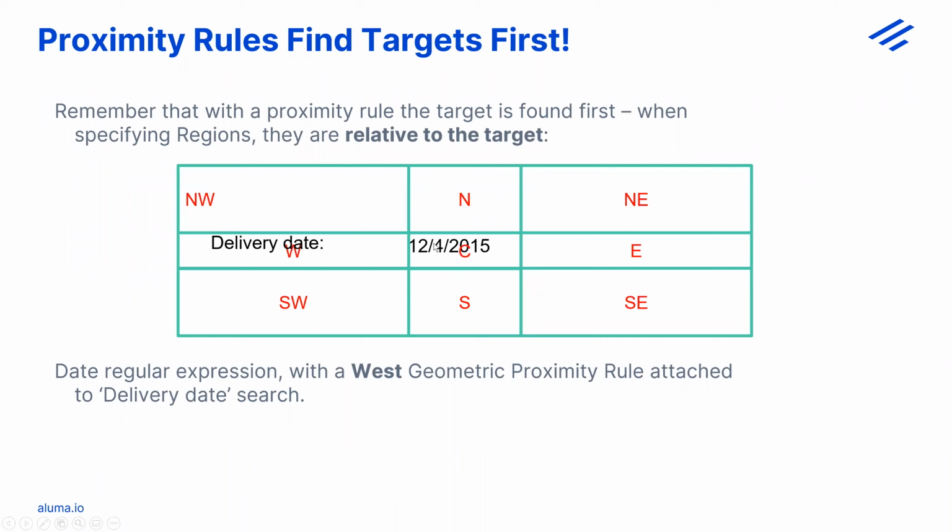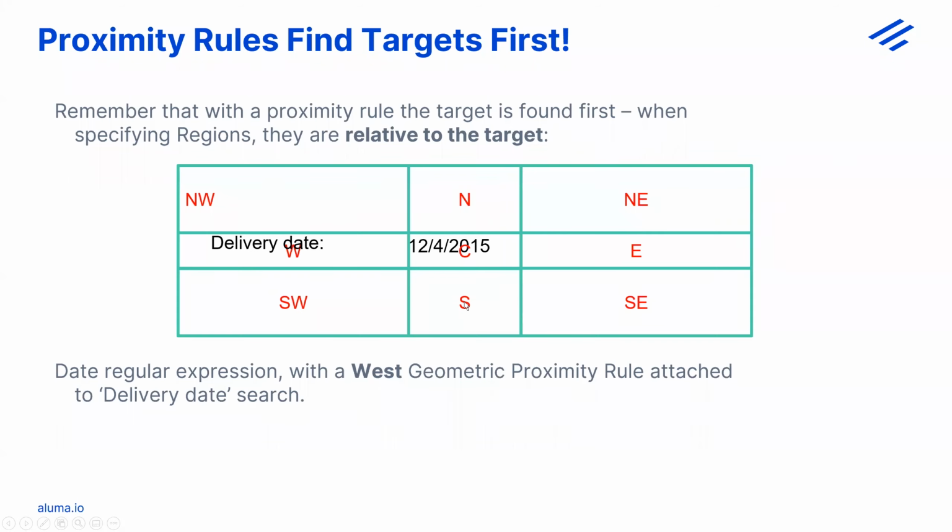When I search for a date or any other text, that's treated as the center relative to these proximity rules, and then the text that I'm looking for is treated as a compass around whatever the target data is. So if I'm looking for text above to confirm that it's this particular date, then I would call that a north rule, and so on round the compass.